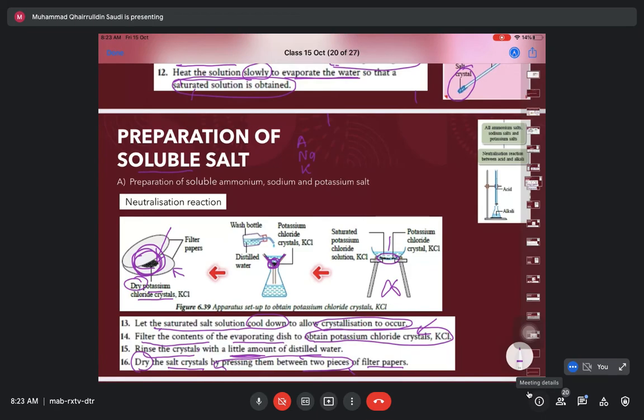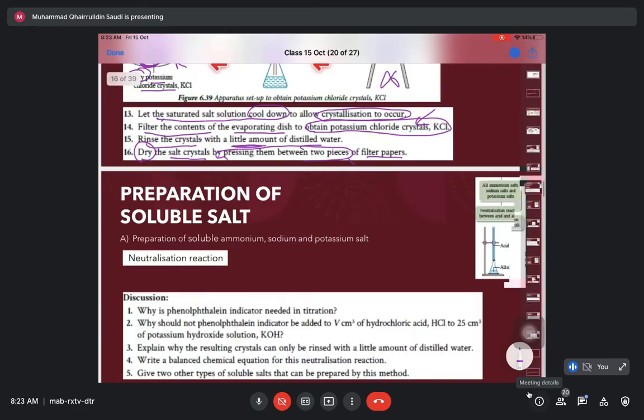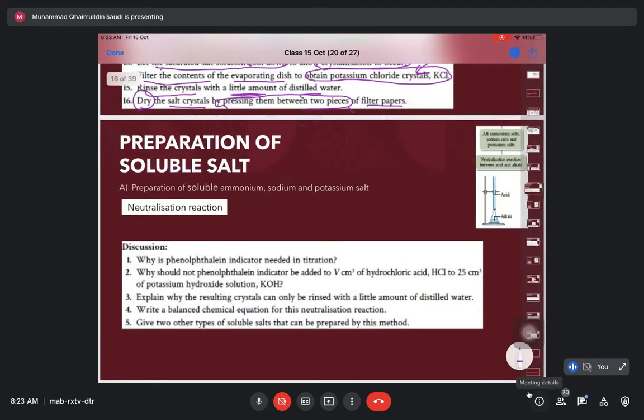Good. So, discussion: why is phenolphthalein needed? We have answered this earlier. Why did the first one use phenolphthalein and the second one did not? We answered that. Why should phenolphthalein indicator not be added? We answered this too. In the first titration we added it to know the volume of acid needed.